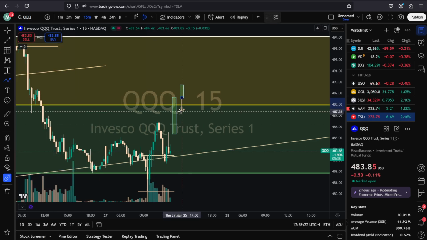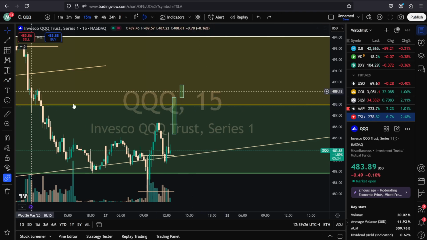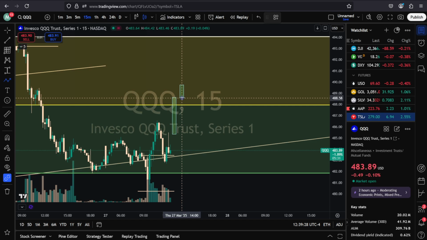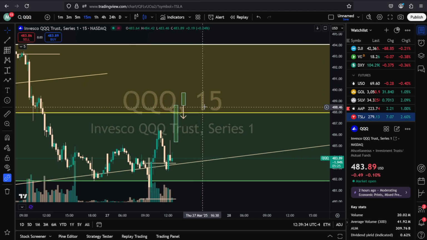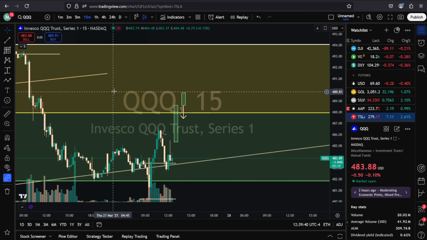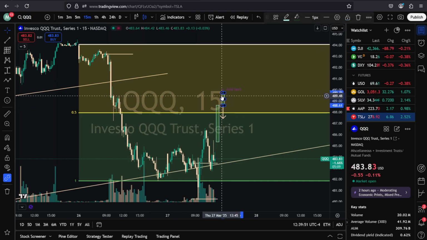The wick on that candle would look something like that, and then it would continue pushing to the upside. And then you have your retest, it bounces off the 50% again, and then you're looking for a 100% retracement, or in this case, because we targeted a 50% to the downside, you're looking for a 0% retracement or back up to those previous highs, equilibrium.